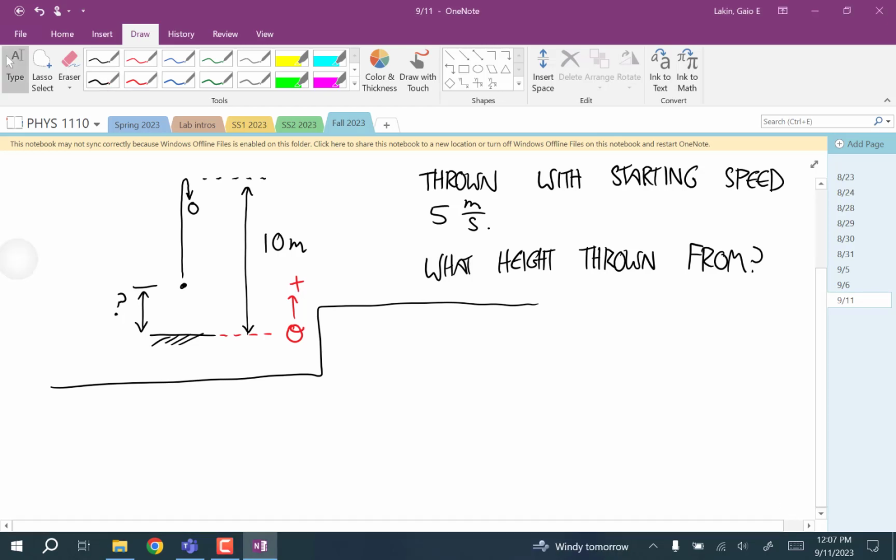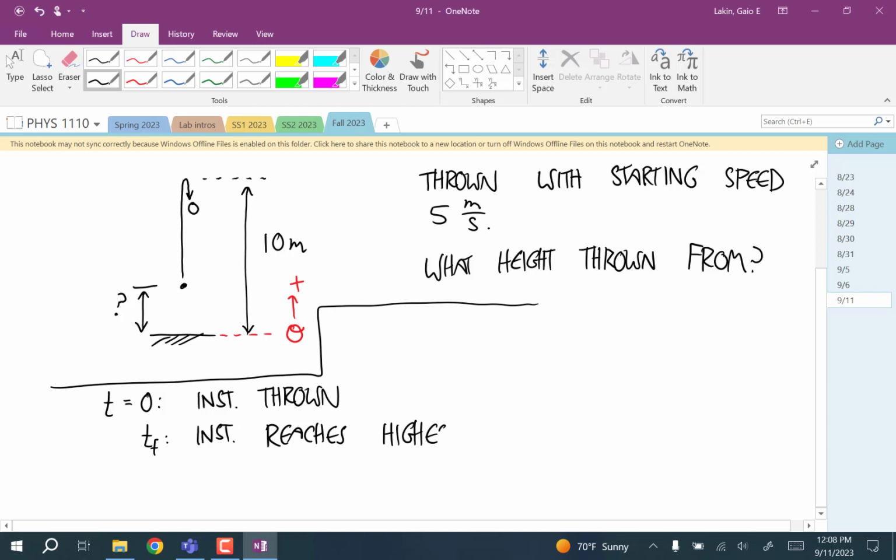Okay, so what are we going to choose as our time equals 0 instant? Yep, the instant that it's thrown. And what are we going to choose as time final? Yep, the instant that it reaches the highest point. And whenever one of your two instants is at the highest point in the flight, there's one bit of information that always goes into the problem once you make that choice.